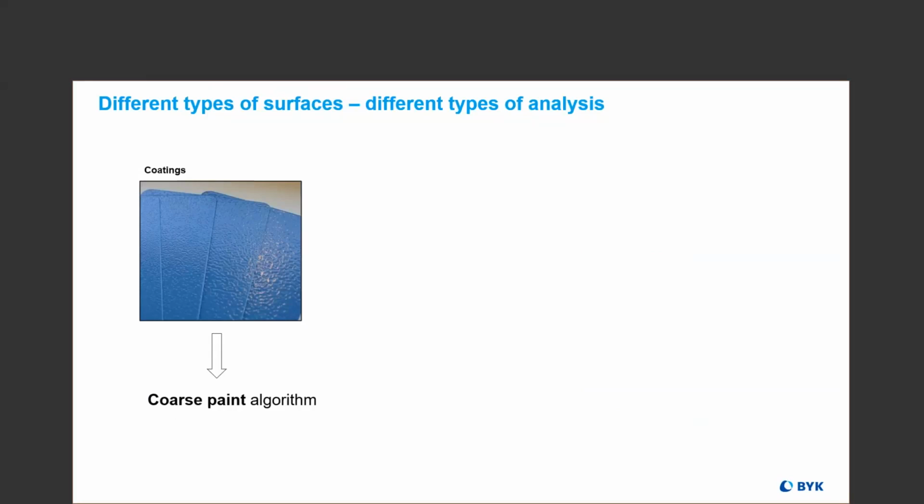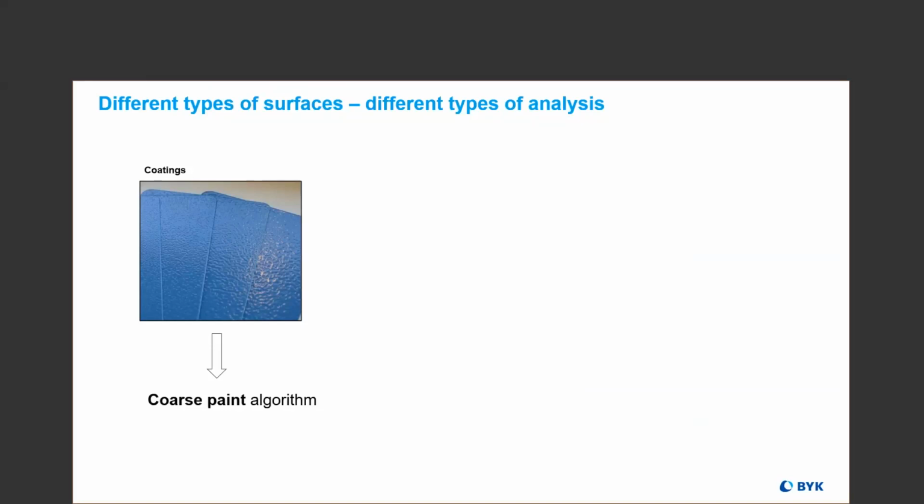So in the research phase for this technology, we found that different types of surfaces, different types of textures require different types of analysis. So we've come up with these algorithms for certain types of materials. So we have the coarse paint algorithm, and this is meant for glossy, coarse paint, such as powder coatings.